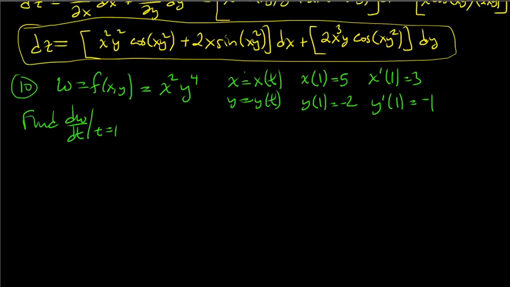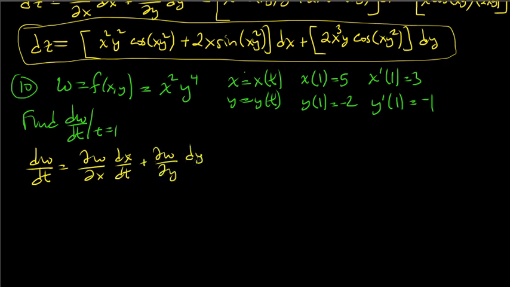All right. So using the chain rule, you get the partial of w with respect to x times the derivative of x with respect to t, right? Plus the partial of w with respect to y times the derivative of y with respect to t.